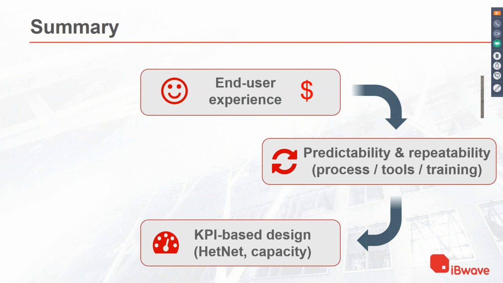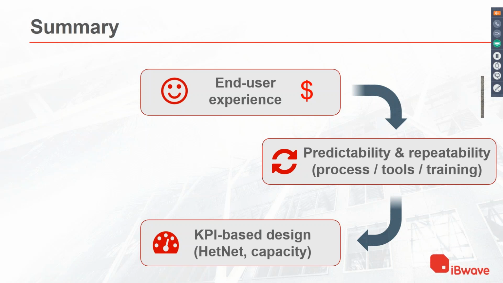So here, first of all, we need to take into account multiple technologies, because the majority of users now are dealing with multiple technologies. So that needs to be taken care of in a holistic manner, and in capacity as well. So you have to look into capacity planning to be able to ensure that you've got the right end user experience, especially when you're dealing with the average data throughput.